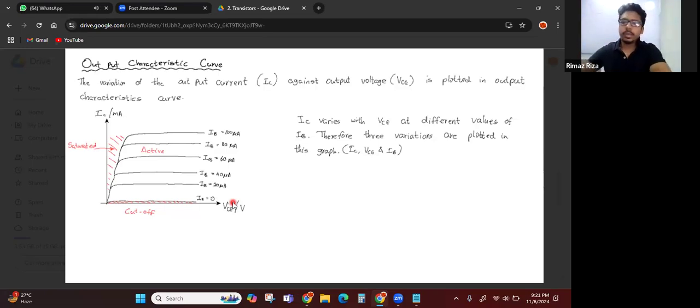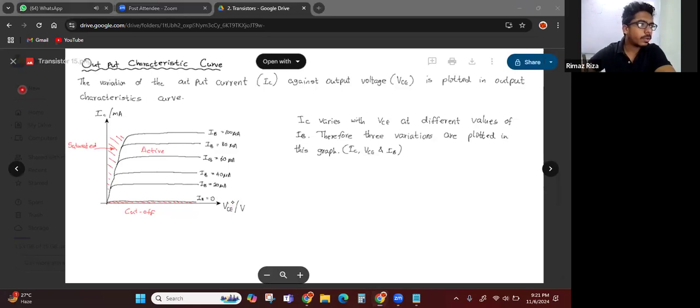Okay, so here we can note this. Now here IB equals 0. IB equals 0 means the BE junction is not biased. So when the BE junction is not biased, it doesn't matter how much you increase the VCE value, the IC value remains 0. No matter how much you increase the voltage in the output circuit, there won't be a current.